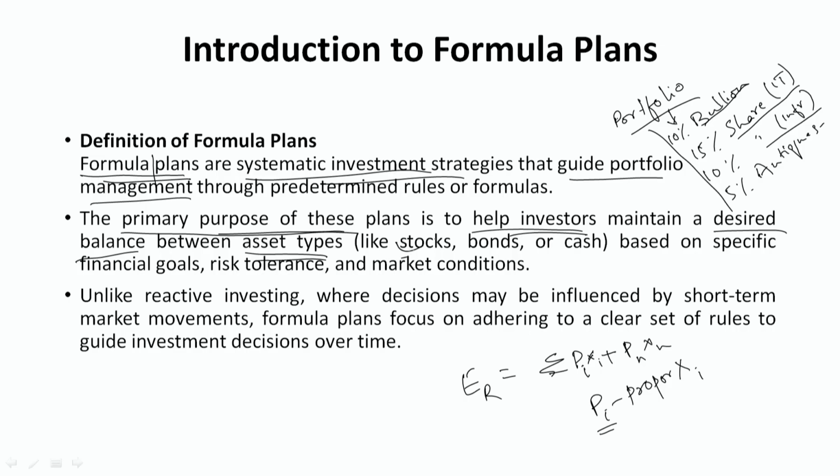It could be in terms of stock, bonds, cash, almost all different categories I am going to identify and divide accordingly, so that it will help the investors to take risk which is in accordance with their financial goals, risk tolerance and the market condition in which I am going to perform. So, these are some of the basics you should understand on why a formula plan is required.